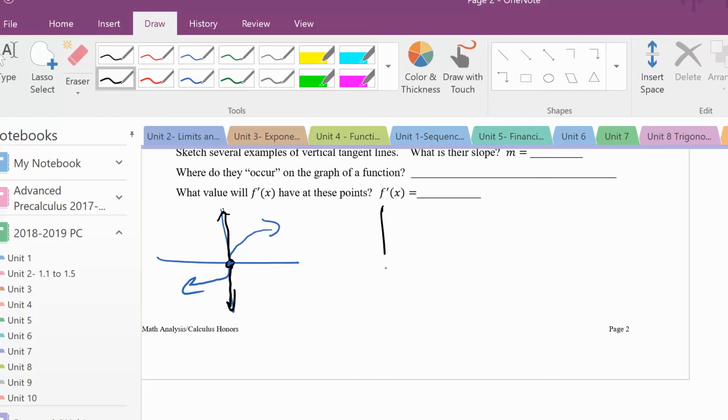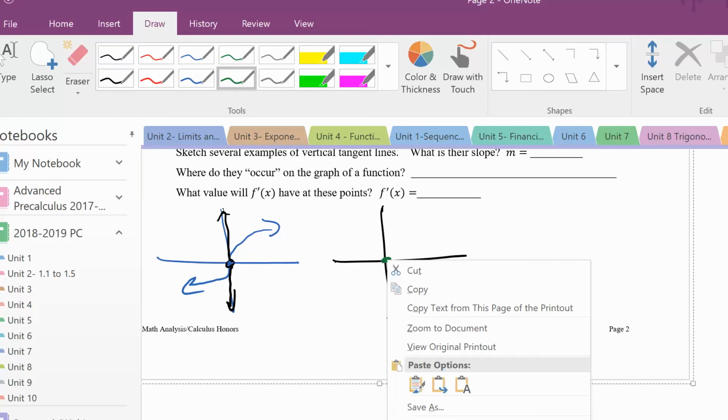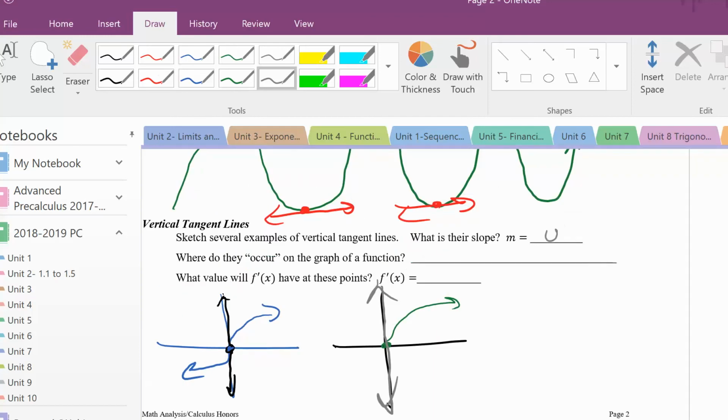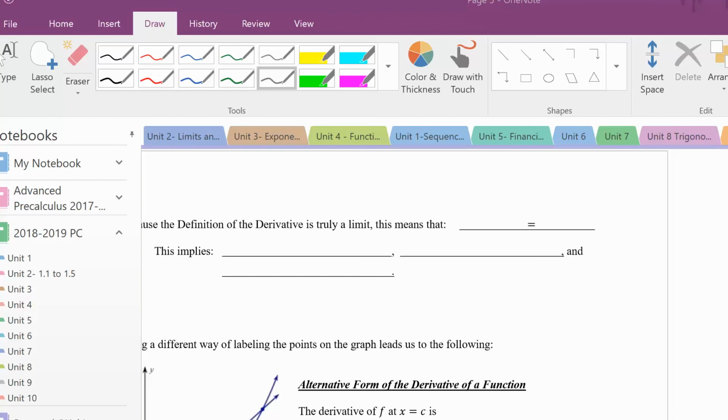Or if you had something like the square root function, where it went like that, and then you could have a vertical tangent line here. All right, either way, for a vertical tangent line, the slope is undefined. Where do they occur on the graph? They occur at points that are vertical. And what will the value of the derivative be? It will be that it does not exist. So there would be no value of the derivative at these points.